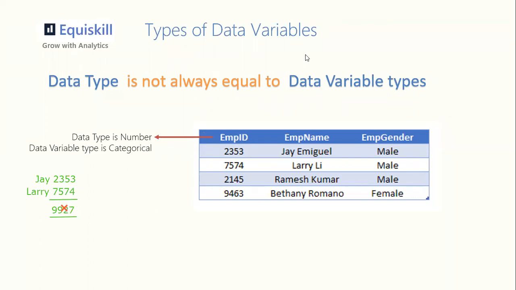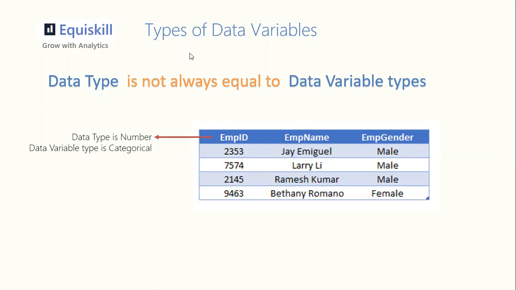So these numbers that look like numbers, they're stored like numbers in Excel or in Python or in R, are not a numerical data variable. They're actually categorical data variables. Because instead of saying J was the first employee or the second employee or the third employee, we give him an employee ID of 001 or 002 or 003.